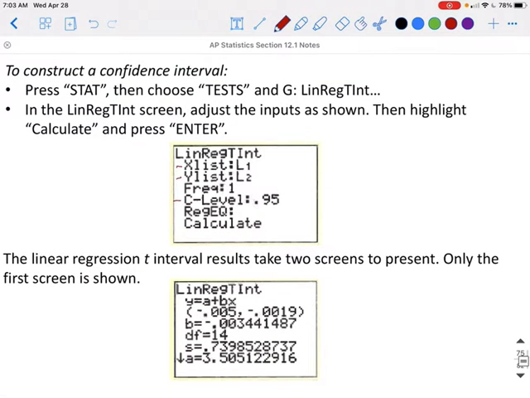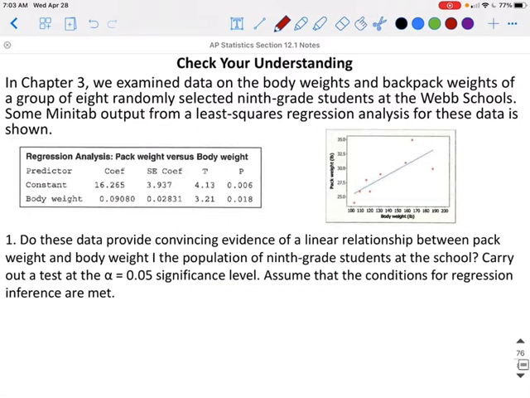The linear regression T-interval will also take two screens to present, but only the first screen is shown below. It's going to tell you the interval first, and then it will tell you the values for the slope, the degrees of freedom, the S value, and the value for A for our equation.